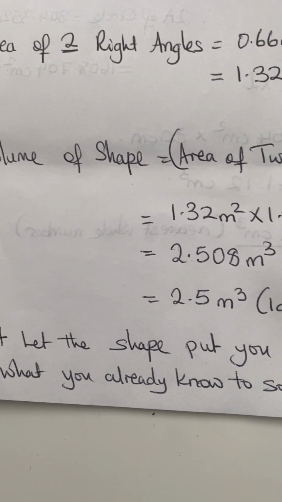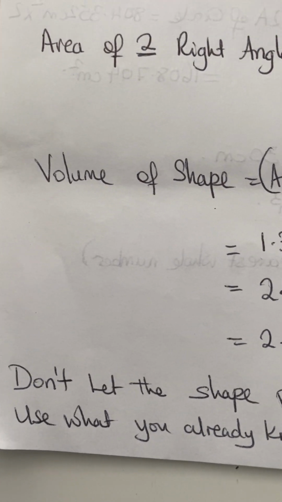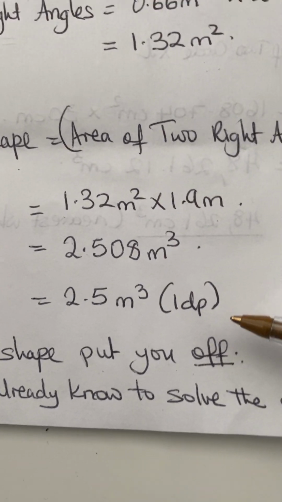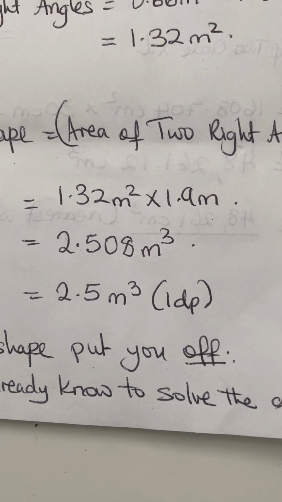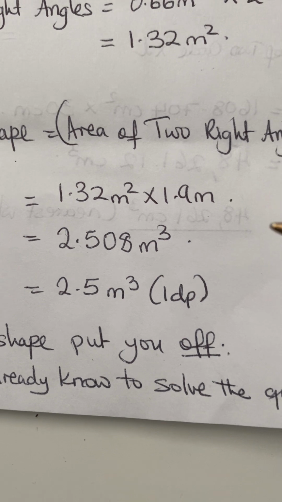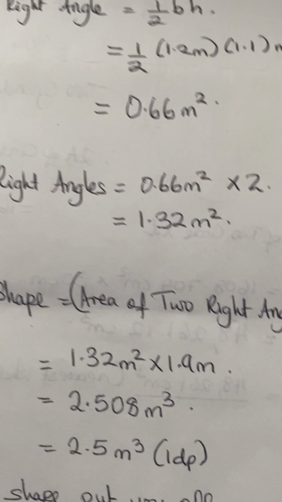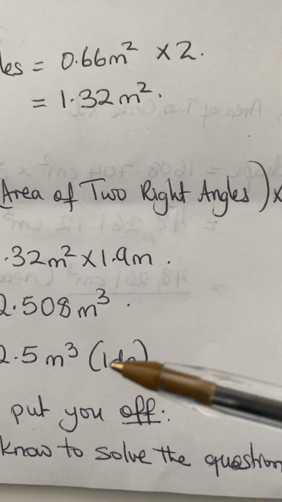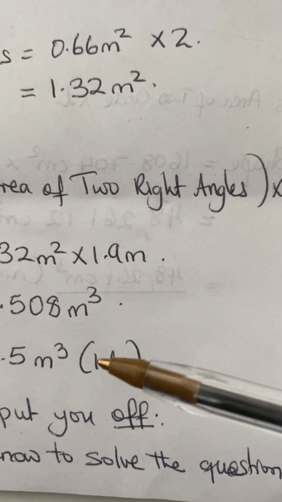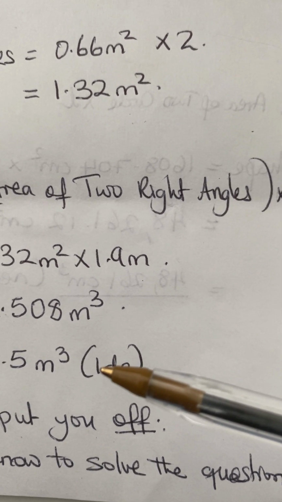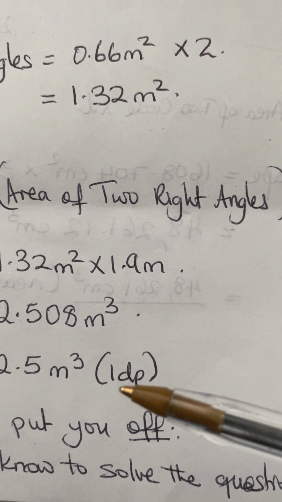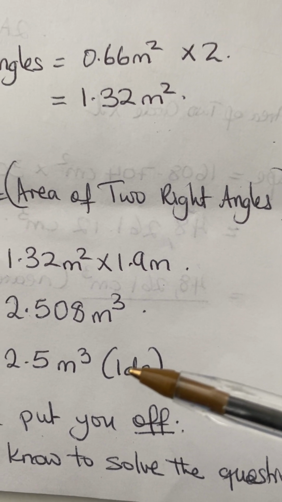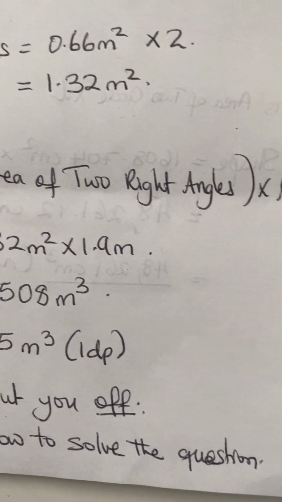Okay, so as I've said to you, don't let the shape put you off from answering the question. Because all we've done today, I haven't used any complex equation anywhere. All I've done is to work from what I know to the unknown.